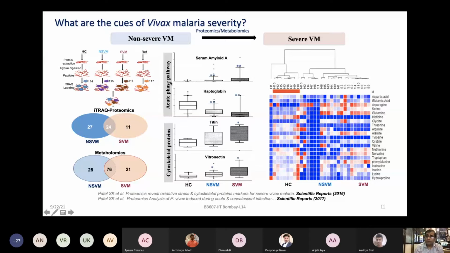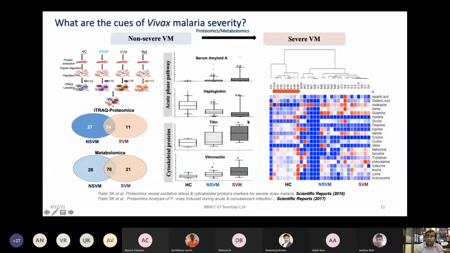You can see the serum amyloid A protein is going very high as the disease progresses from healthy to non-severe to the severe form. Whereas another protein like haptoglobin shows a downward trend: its normal level is like this, but in the non-severe it's going down, and in the severe going further down.